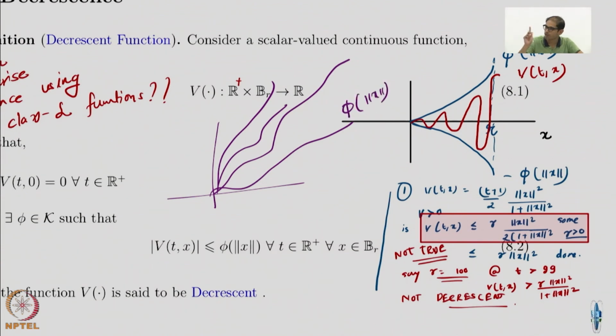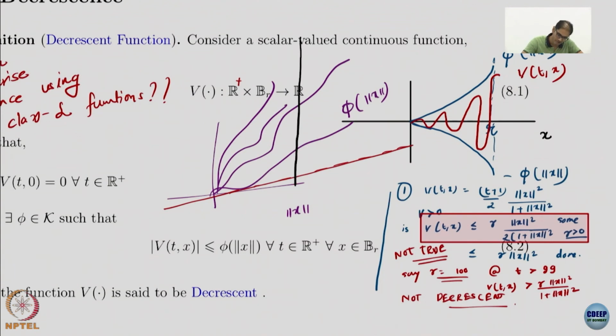Once your problems begin, and I am talking about now V being below this, what do I want? V has to be below this guy, but your problems begin once you freeze the x. Once you freeze the x you are frozen here, wherever, I do not care where you are frozen.